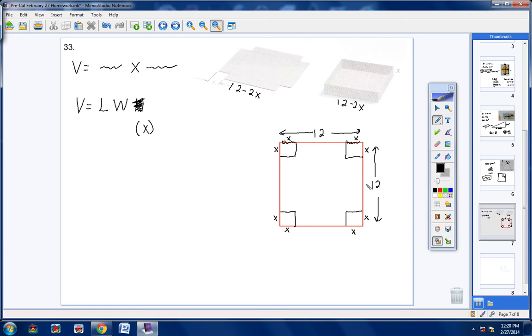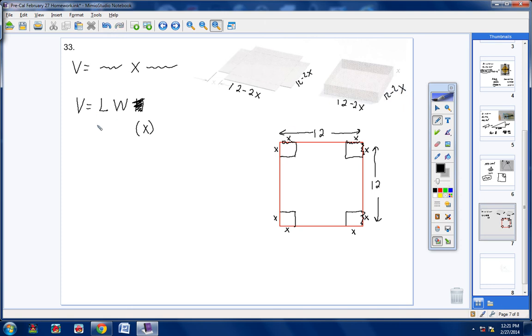Now it's going to be the same thing here too, by the way. You have a whole length of 12, you cut away an x, you cut away an x, so you cut away 2 x's. So that length right there is going to be 12 minus 2x. So the length, or the width, whatever you want to call it, they're the same, so it doesn't matter, of this box is 12 minus 2x.